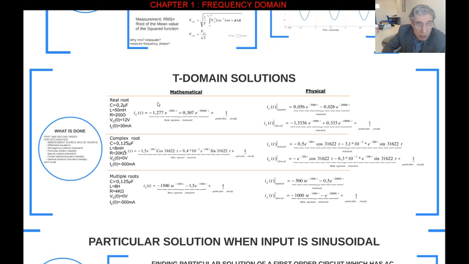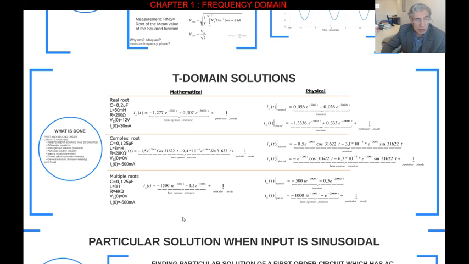The first part here shows the homogeneous solution, that is an exponentially decreasing function. With complex roots, this is once again an exponentially decreasing function in the form of a sinusoidal function, and this is the multiple roots case. Once again, this function is also an exponentially decreasing function.